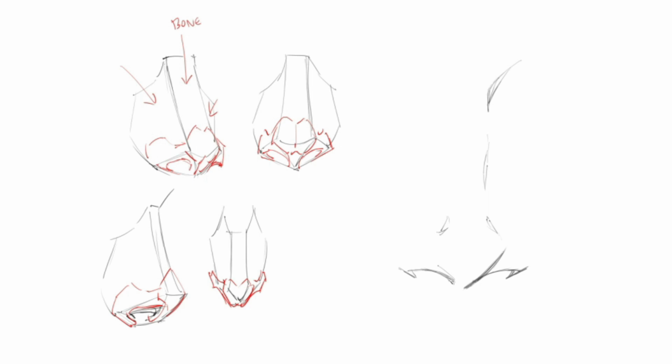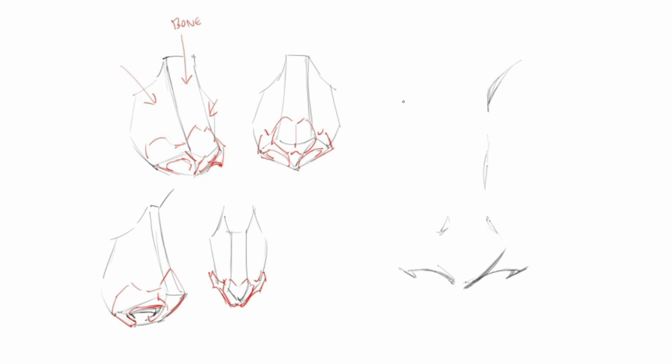Because at the top of the nose, really what's happening is the nose is merging into the underside of the brow, right? And that's as complicated as I make it when it comes to drawing the nose from the front.